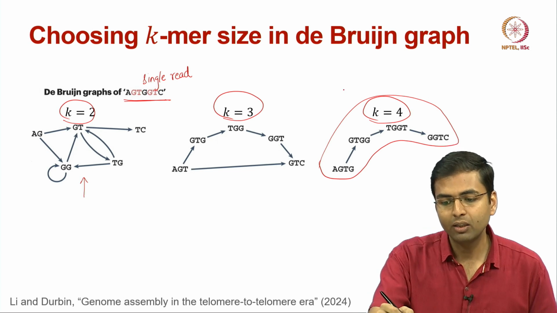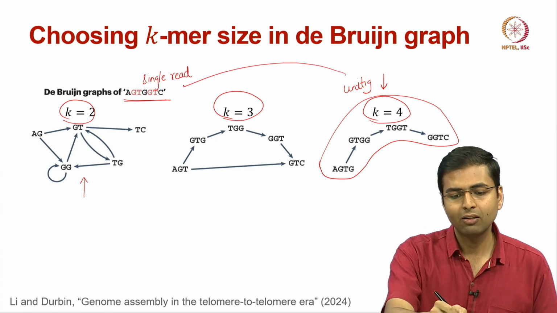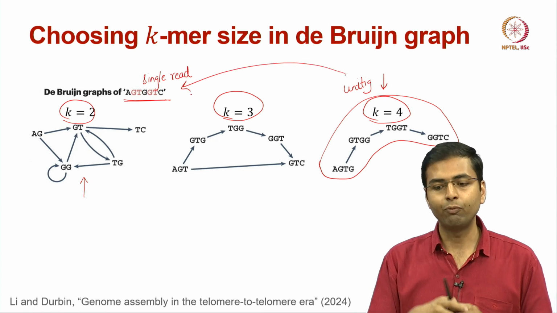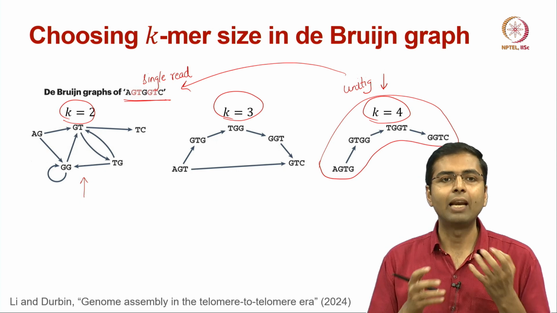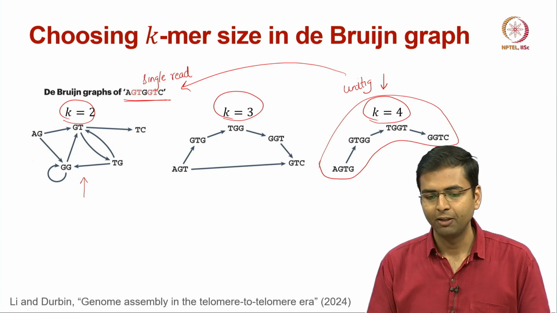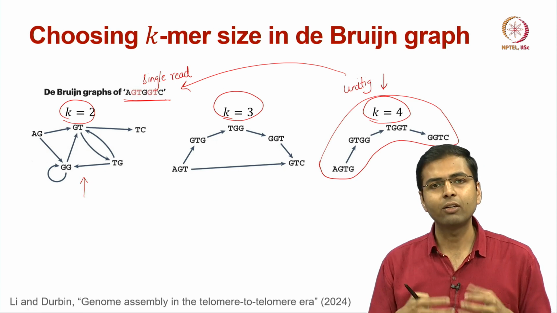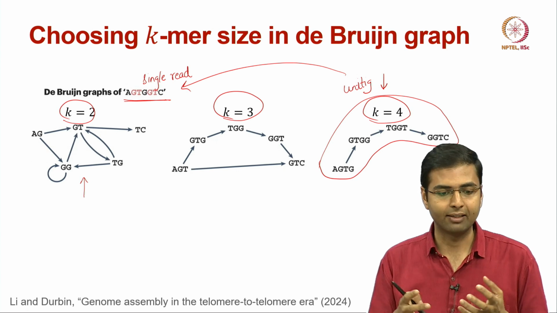So in other words, the unitig in this graph corresponds to the read sequence from which the graph was built. So this illustrates that the value of k is important when we are building de Bruijn graphs, and one can ask what value I should use for solving the genome assembly for my particular data set.